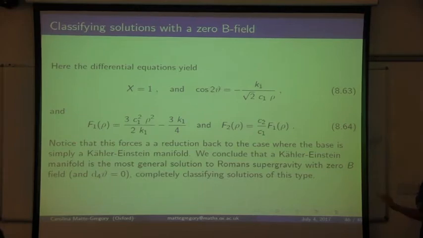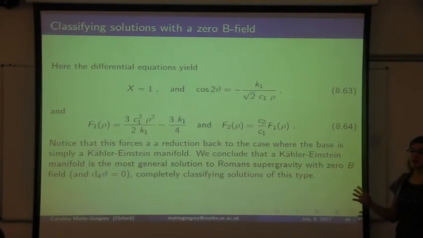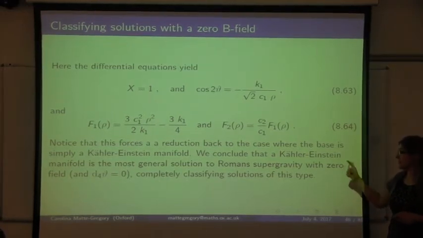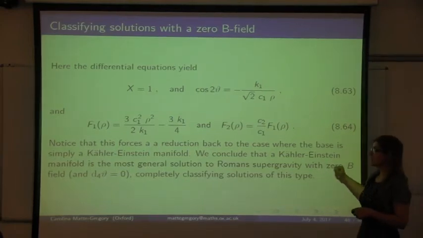And then in the metric, what you have is that those two Riemann surfaces actually cannot be different. And so they have the same curvature and they go back to my Kähler-Einstein.